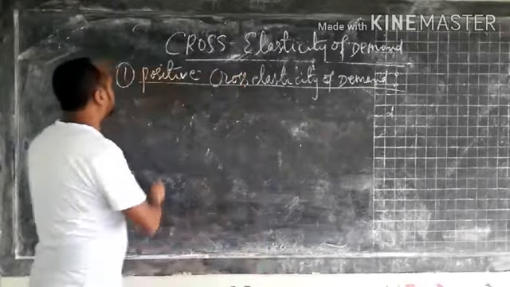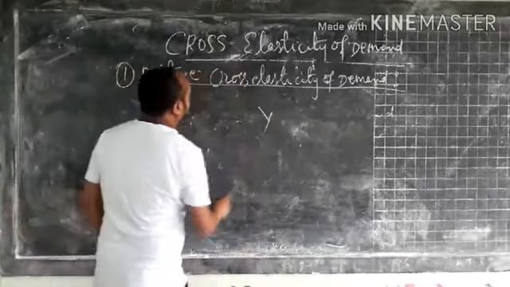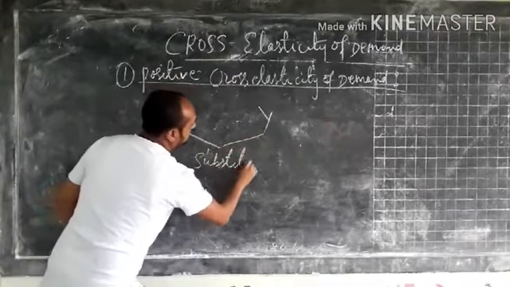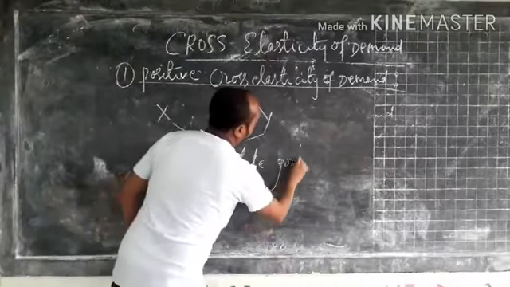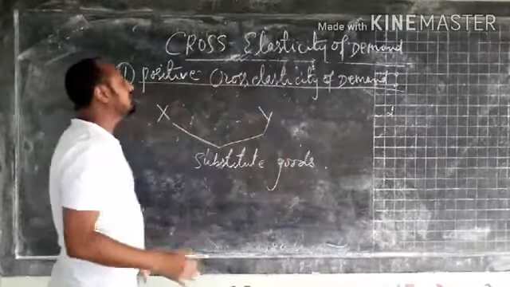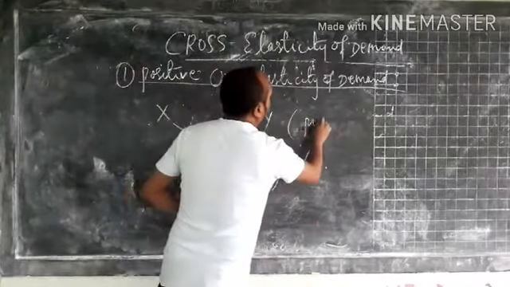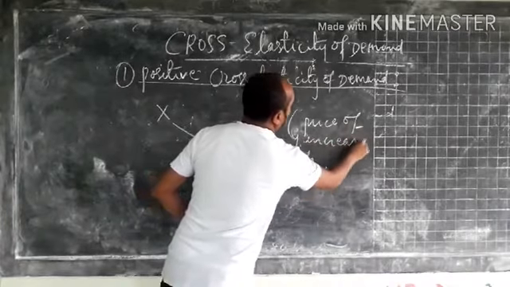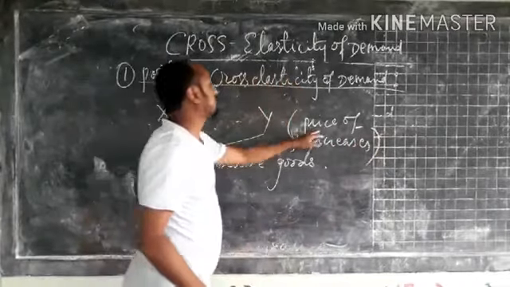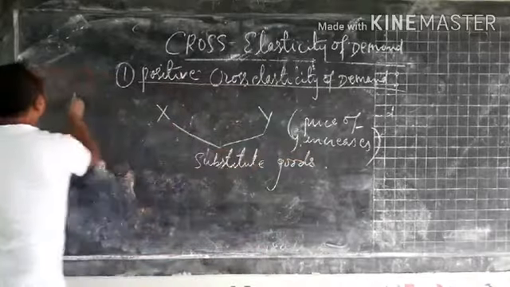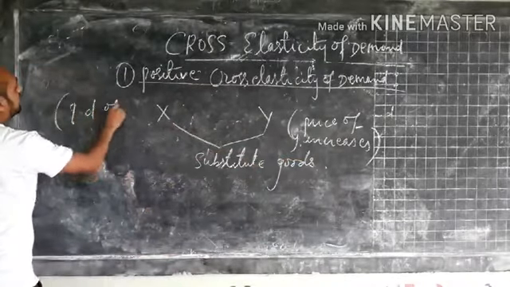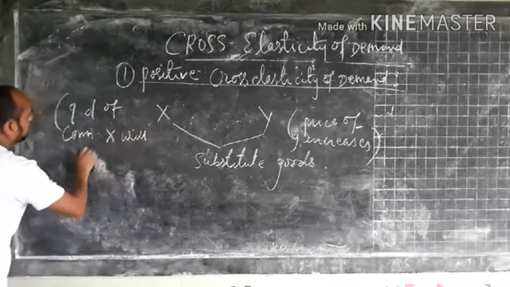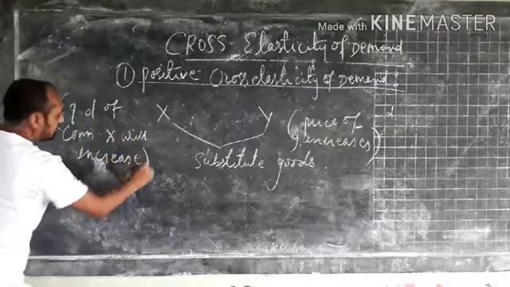I'll give one example. Suppose X and Y are two substitute goods. Now when the price of Y increases, the quantity demanded of commodity X will increase.